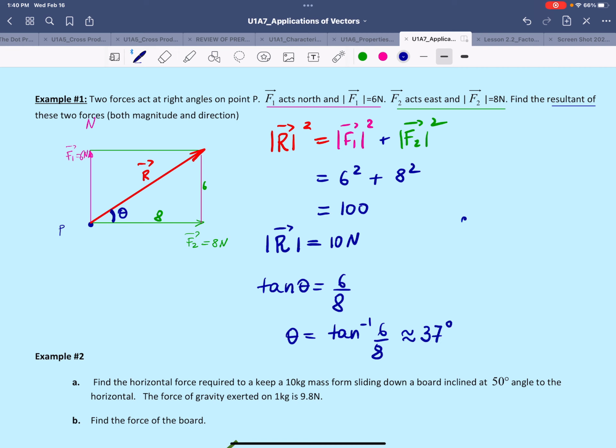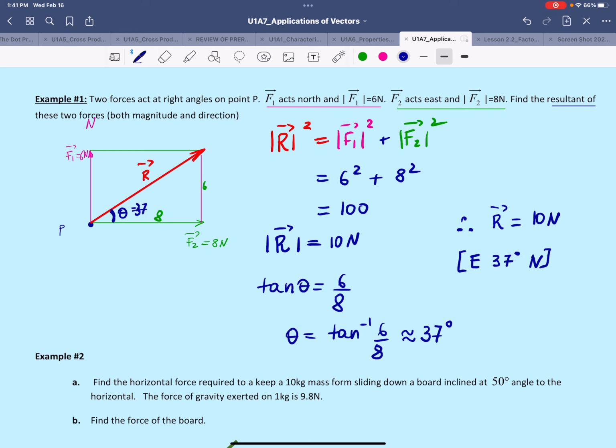So we're going to say that vector R equals 10 newtons. This angle theta here of 37 degrees can be described as going from east towards north 37 degrees, in square brackets.